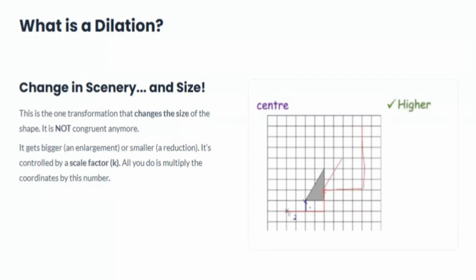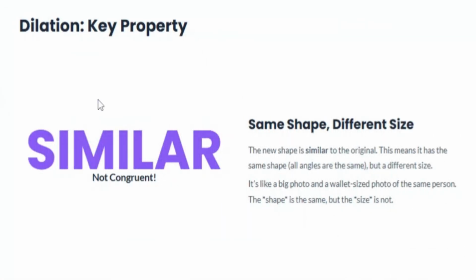All you do is multiply the coordinates by this. Remember, the key property again is that the image and the pre-image for dilations are similar. They are not congruent. The new shape is similar to the original. It is still the same shape, so all the angles are the same, but it is a different size. It's like a big photo and a wallet size photo of the same person. The shape is the same, but the size is not.